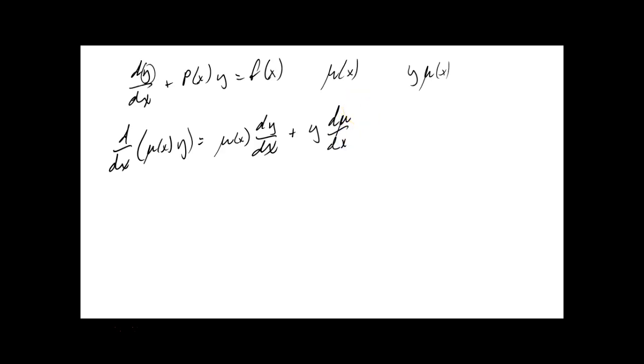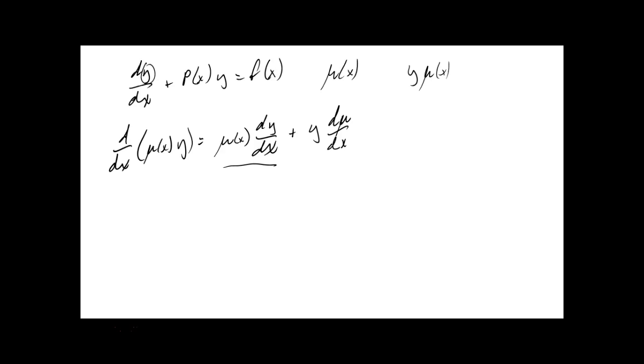They put d mu dx y. Now, this, you see, is just simply this thing multiplied by mu of x.